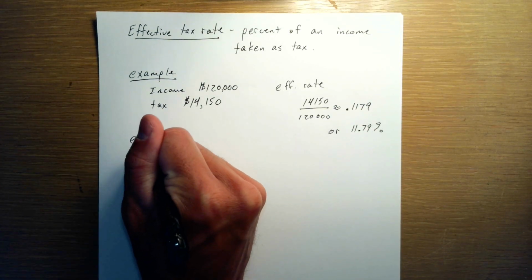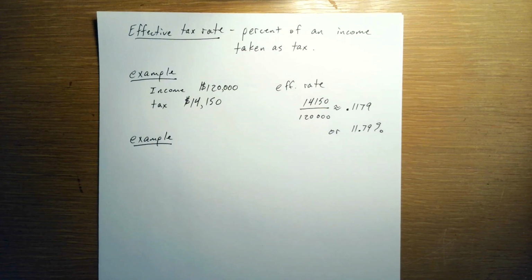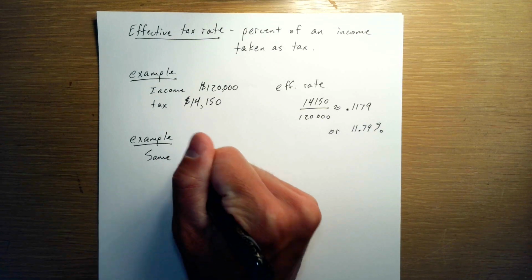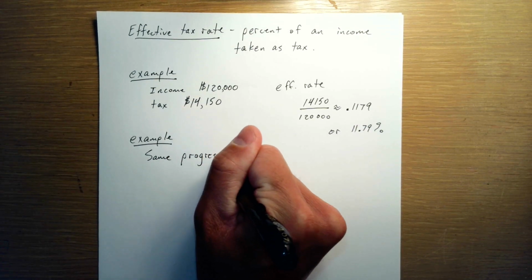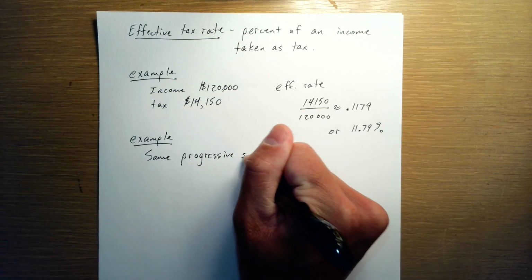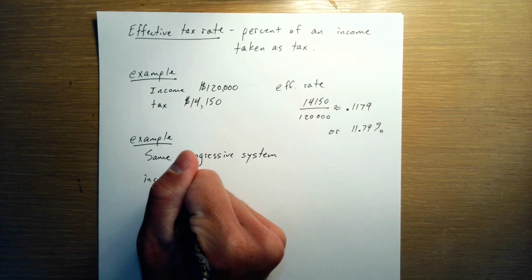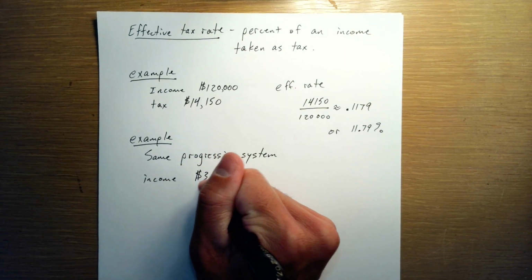So just to show you that the effective tax rate can be different, let's pick a different income. We'll say the same bracketed system, and now let's pick a new income. For this we'll pick $37,000.